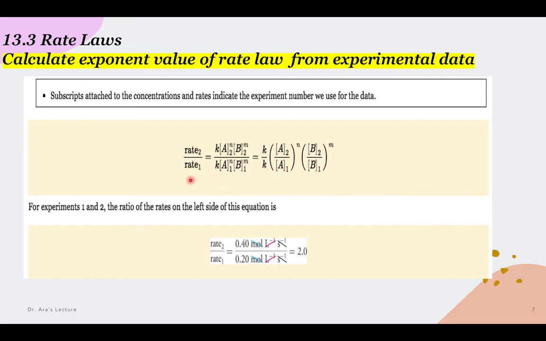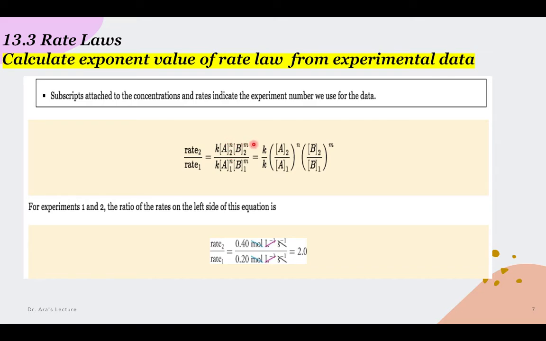Here the ratio of rate 2 and rate 1. So if we consider rate 2, the subscript 2 means the number of experiment. So rate 2 means constant k, and this subscript means experiment 2, and this is our exponent power.